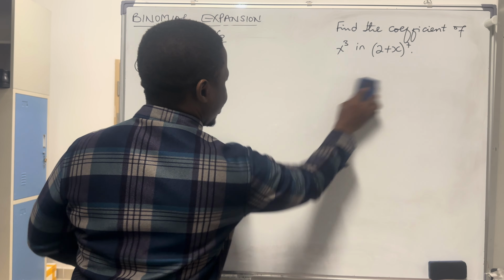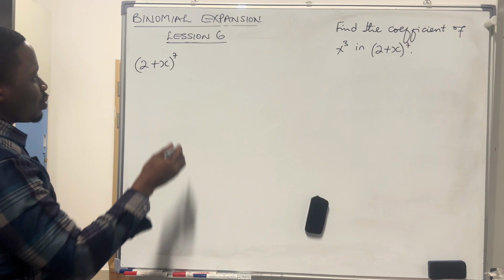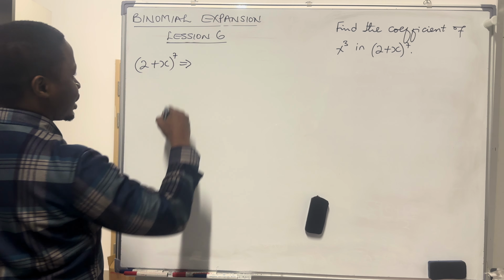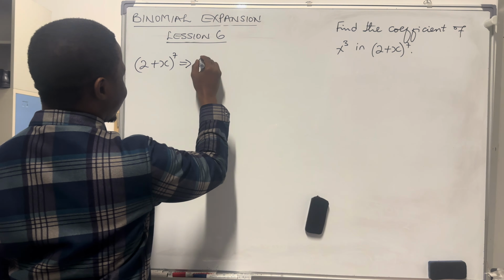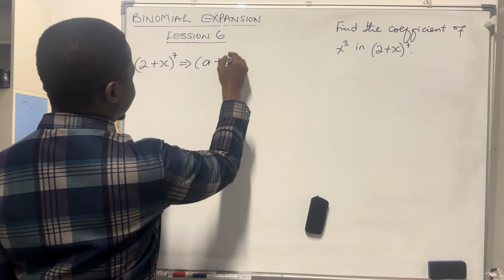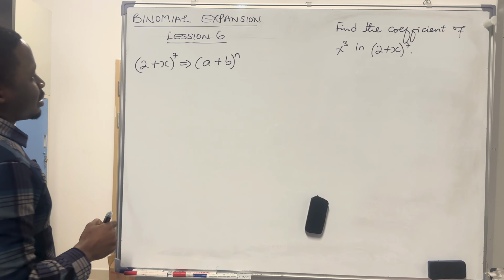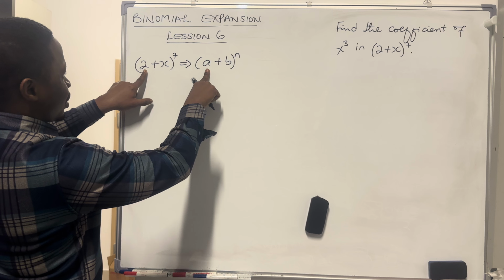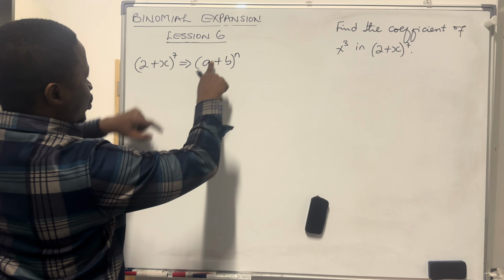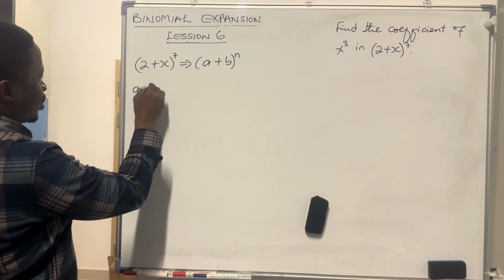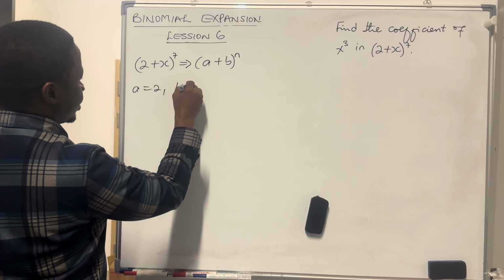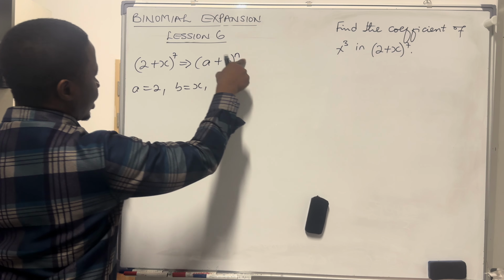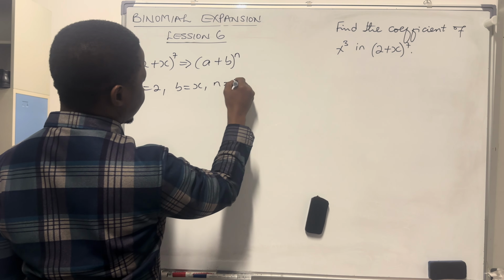So now let's see what we have here. This one implies the general form of a binomial, that is (a + b) to the power n. So correspondingly, a is 2, b is x, n is 7.